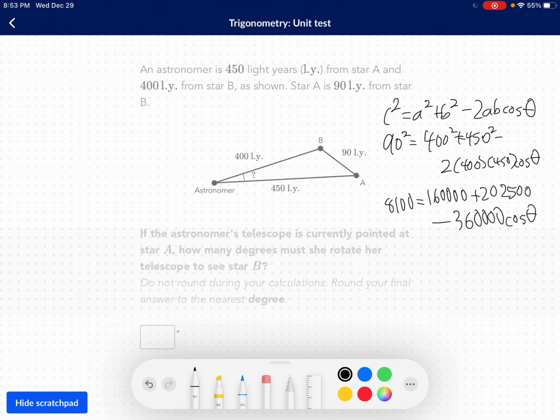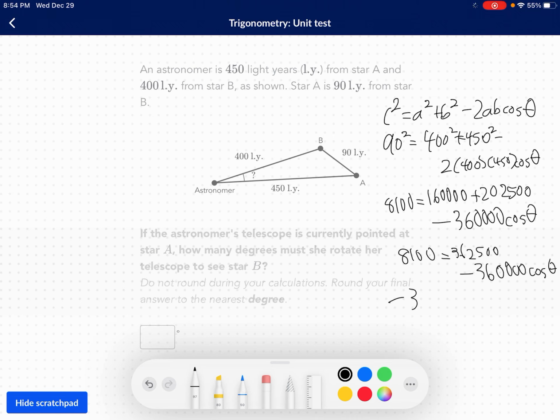And 160,000 plus 202,500 is 362,500, minus 360,000 cosine of theta.